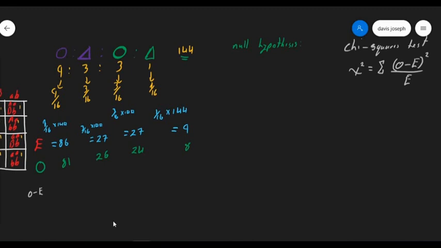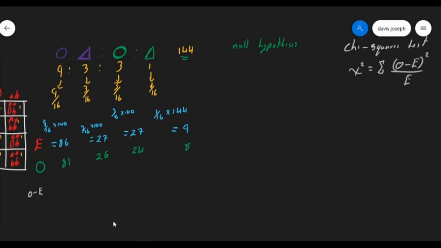Let me grab my calculator. Alright, I'm sorry about that. So these values are to change.